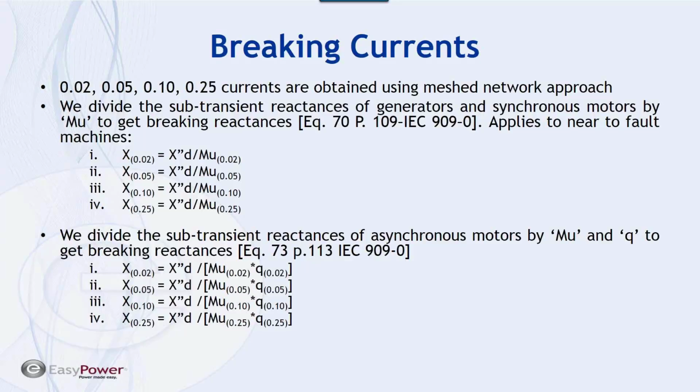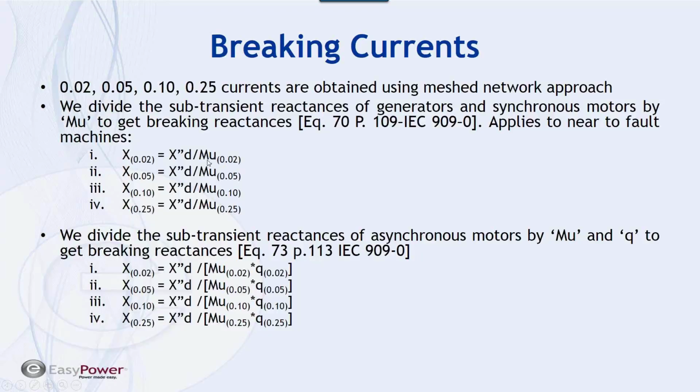I probably won't repeat this term anymore, but you can't expect decay from every single source in your system. If a source is supposed to have a decay, you have to come up with a mechanism for different breakings so that the impedance values start going up as time progresses, 20 millisecond to 50 millisecond to 100. And that's how EasyPower does that for synchronous motor and generator impedances.